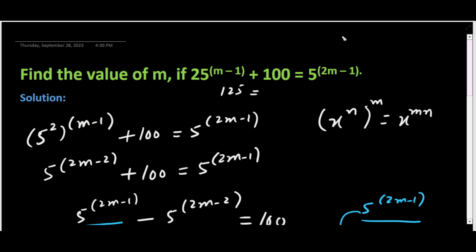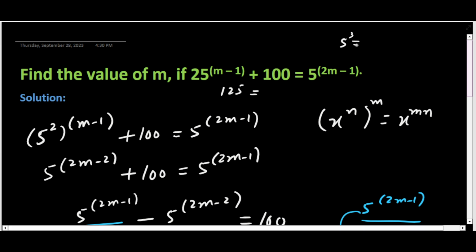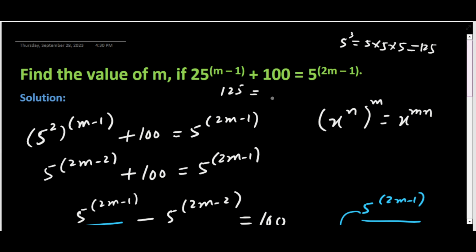So 5 power 3 is equal to 5 multiplied by 5 multiplied by 5, which is equal to 125. So it is also 125. This is the proof. We have proved that m is equal to 2 is the correct value. This is the check, we have checked whether the value is wrong or right. So it's a correct value. m is equal to 2. Hence we have proved it.